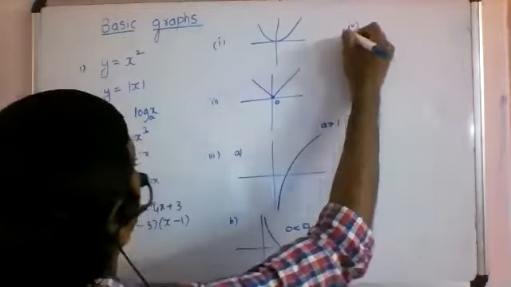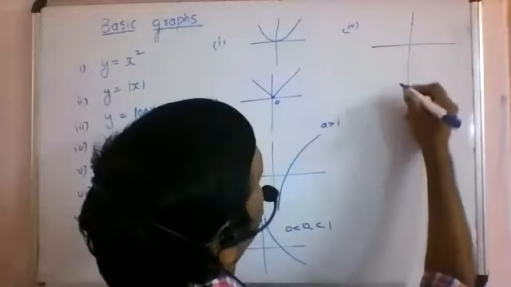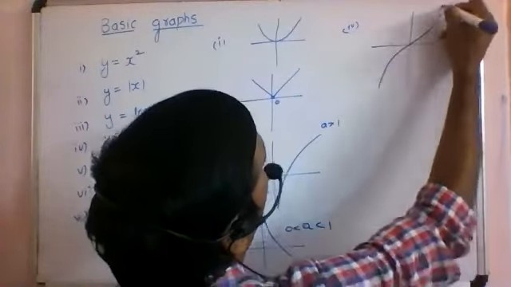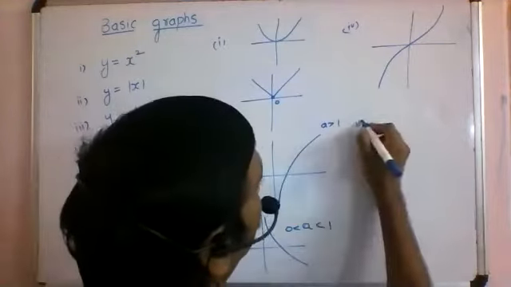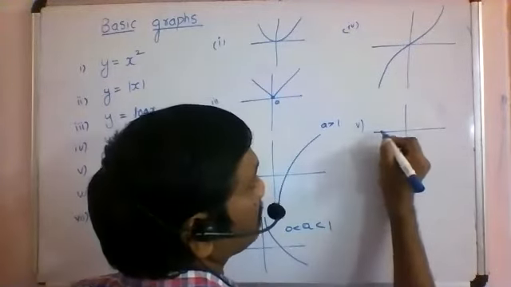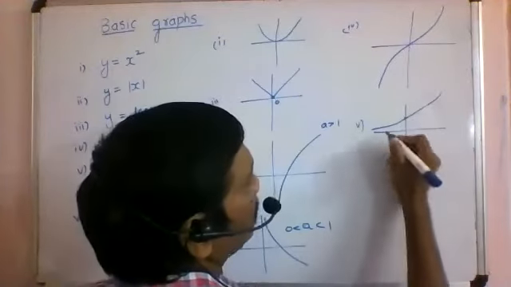And in fourth, x cube. I have said so many times your x cube graph will always look like this. Is it not? And e power x: e power minus infinity is 0, e power 0 is 1, and e power infinity is infinity, no?